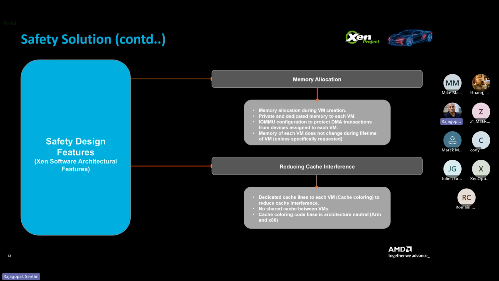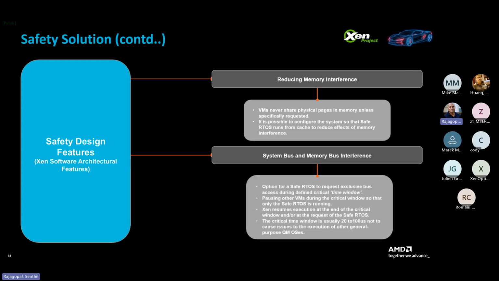I'm going to skip a lot of these details because you already heard so much about cache interference. There are features to avoid cache interference, and to run even safety critical operating systems; in cache and memory allocation, it has its own memory, and you have IO protections.